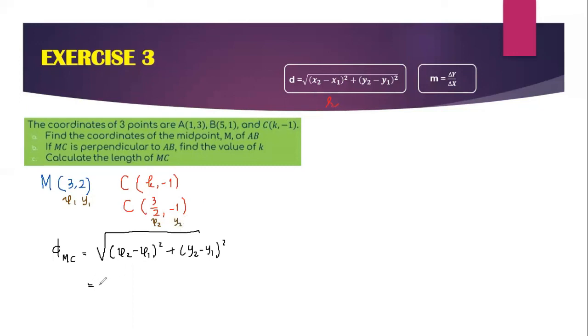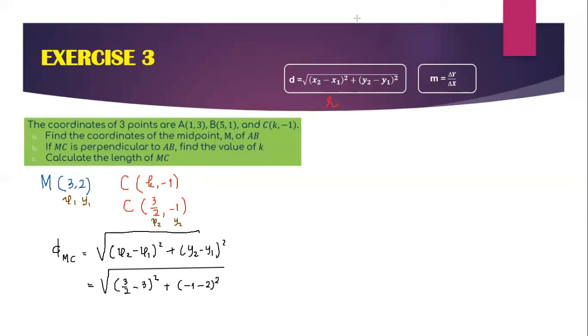So the distance is root, open the bracket, x2, 3 over 2 minus x1 is 3, squared, plus y2 minus 1 minus y1 is 2, in the bracket squared, all in square root.